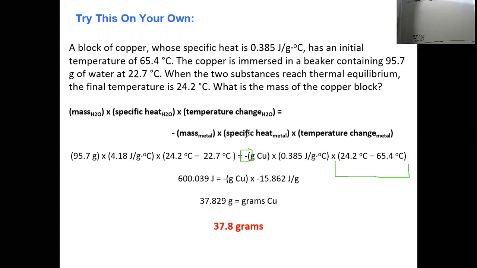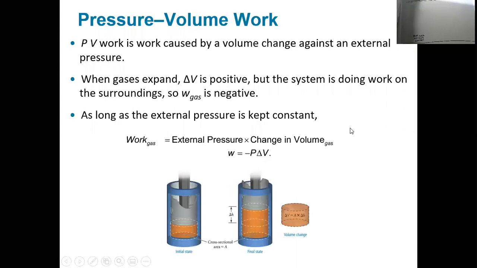So this little negative sign up here helps counter the negative sign that you have over here, okay? That's what gives you this positive mass value at the end.